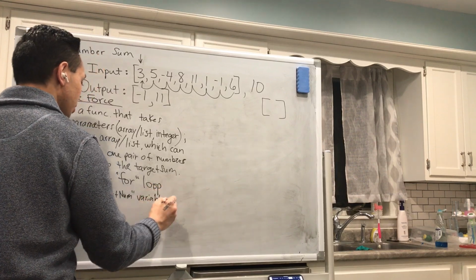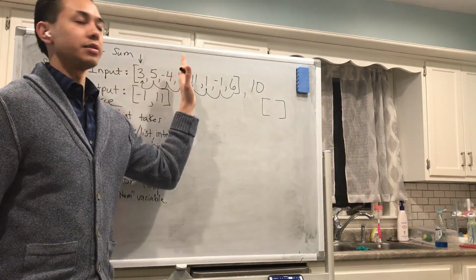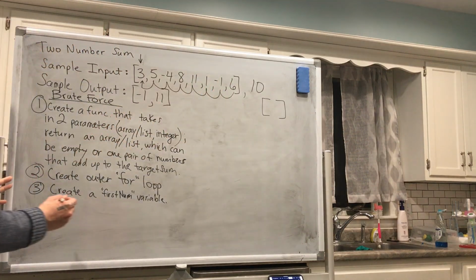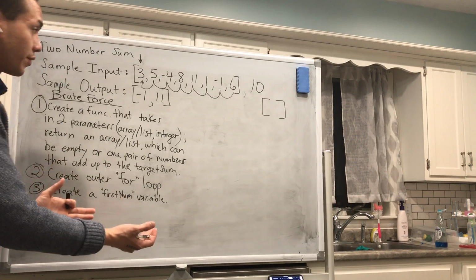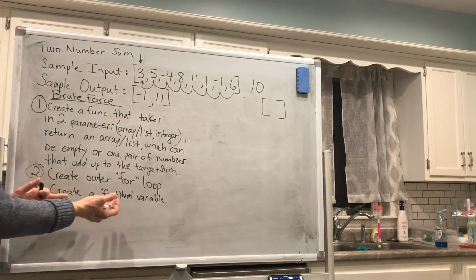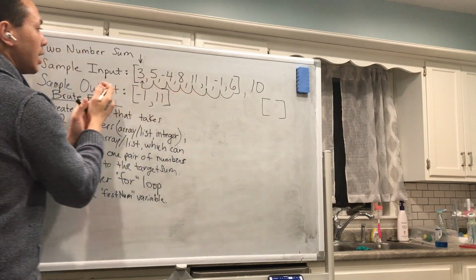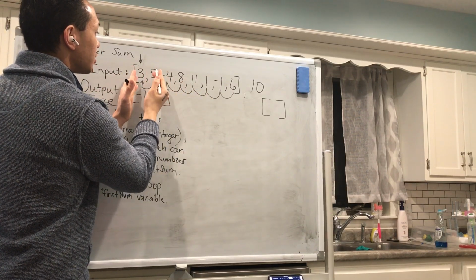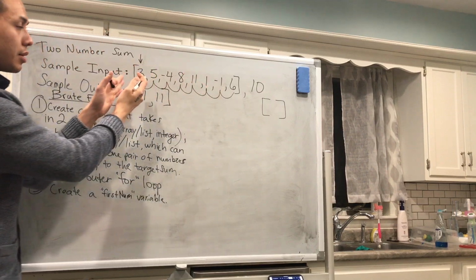This first num variable is going to give us access to, like we talked about, each individual item in the list or array. And then as we go deeper into the nested for loop, we're going to create another variable that's going to temporarily hold the value for the second number, we'll call it, and that's going to give us access to the other variable for each individual first number, right?